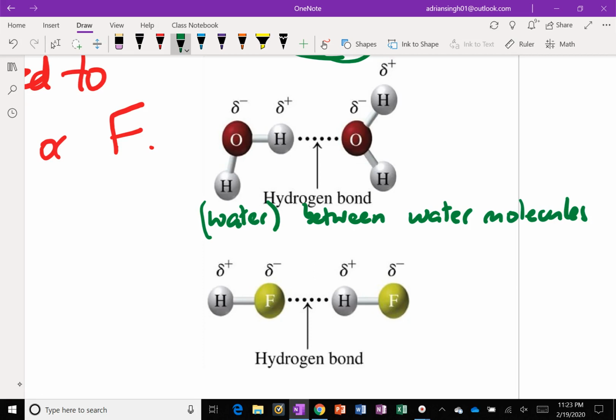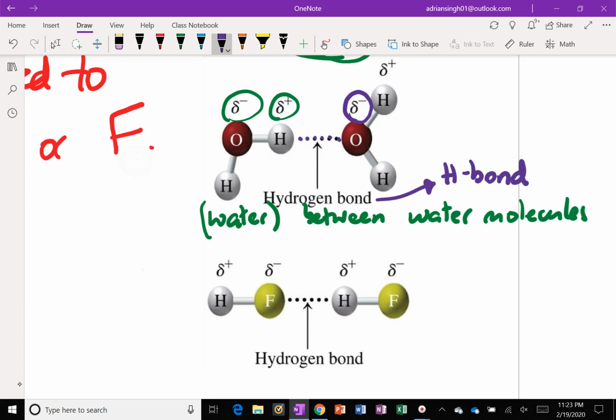So there's my H2O, and now we know that H is going to be slightly positive and the O is going to be slightly negative. So if a neighboring water molecule comes close by, we would predict the slightly negative O to be oriented close to the slightly positive H. So we have that attraction between them, with dots that denote a hydrogen bond. For hydrogen bond, we often use a shortcut: H bond.